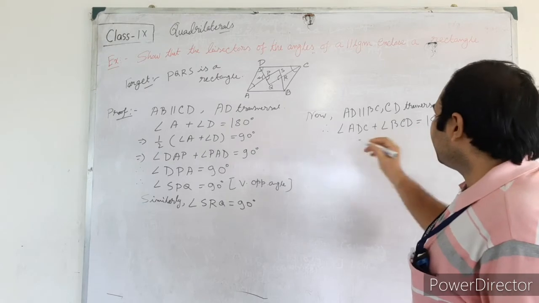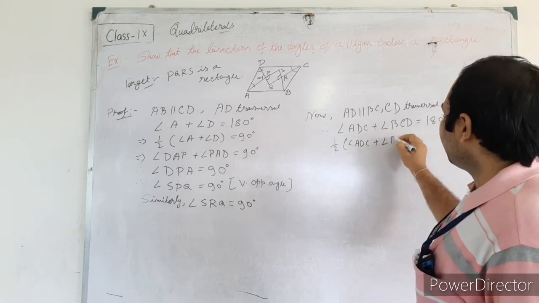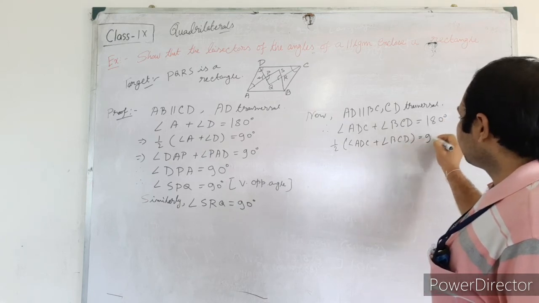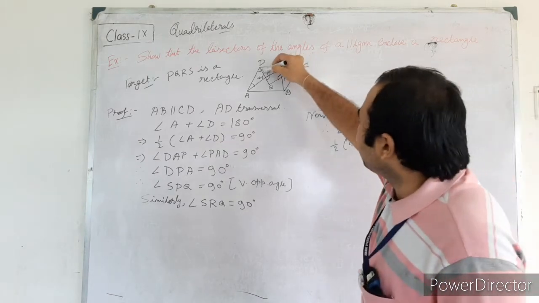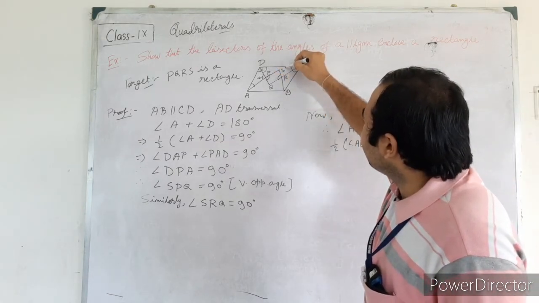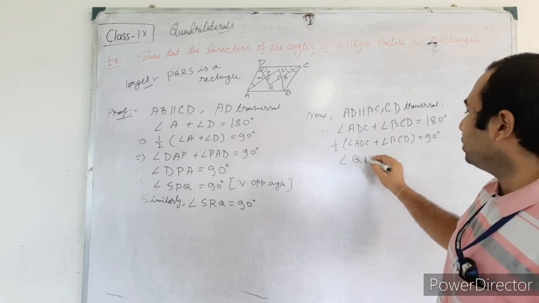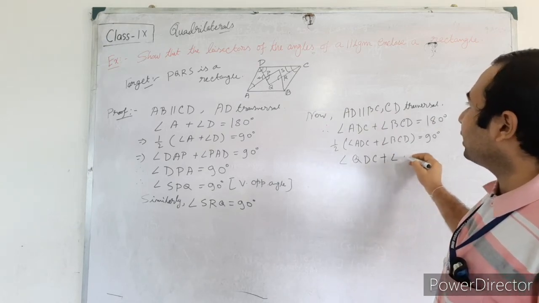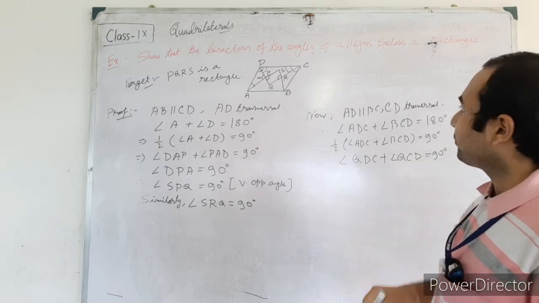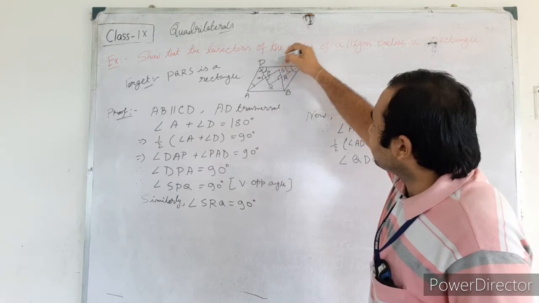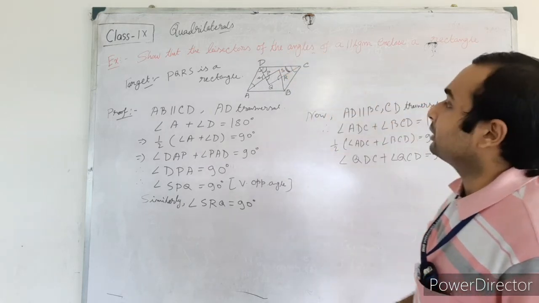So similarly, half of angle ADC plus half of angle BCD equals 90 degrees. Now take half: let us take this angle and this angle. So angle QDC plus angle QCD is equal to 90 degrees. We have got the sum of those two as 90 degrees.